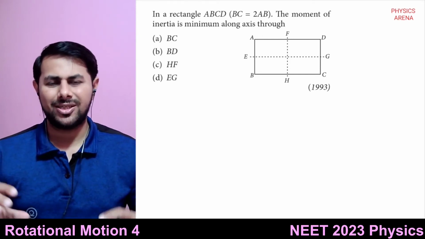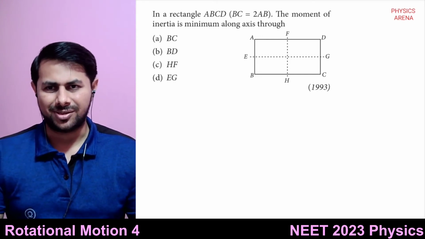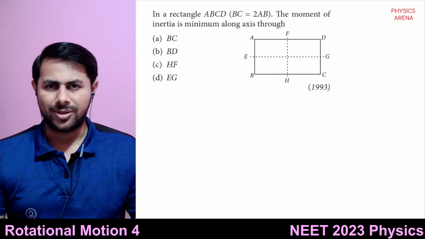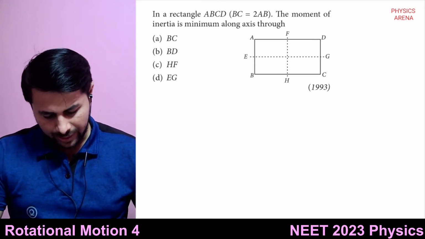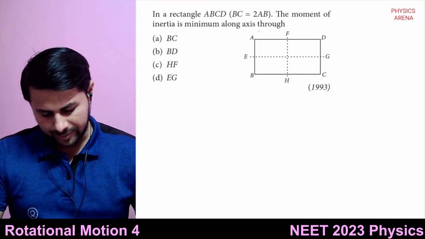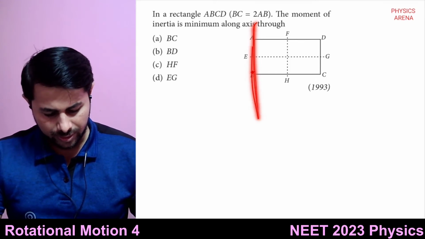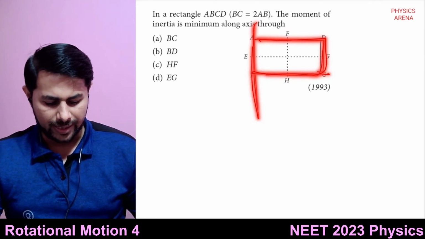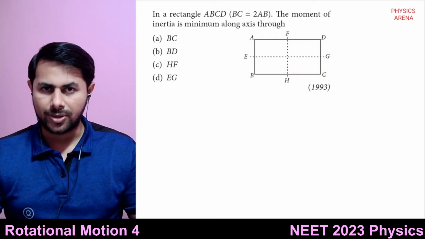If you want moment of inertia to be less, let's keep maximum mass closer to the axis of rotation. If you want moment of inertia to be more, keep maximum mass away from axis of rotation. So see, if you take this axis, for an example, there is more mass away from the axis of rotation. This length is more, so that means there will be more mass away from axis of rotation.